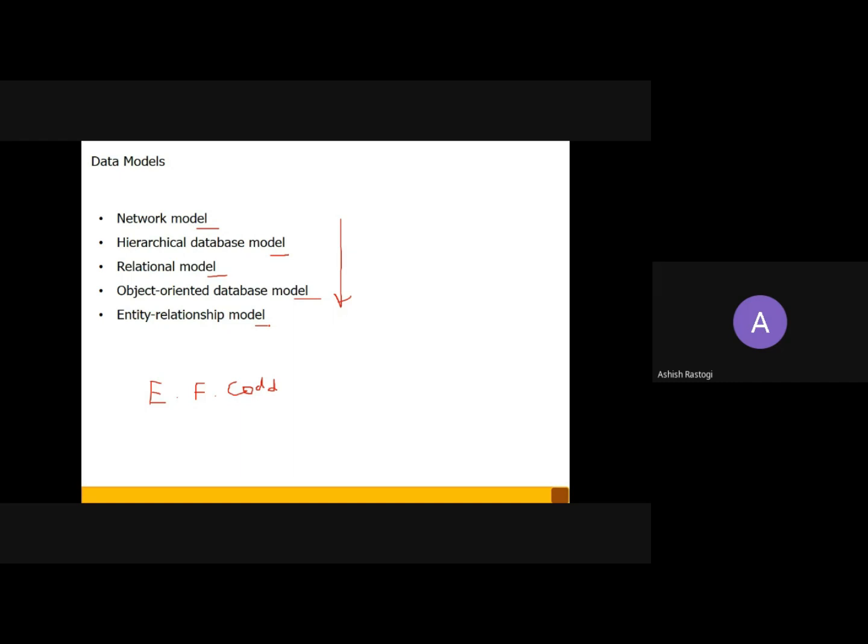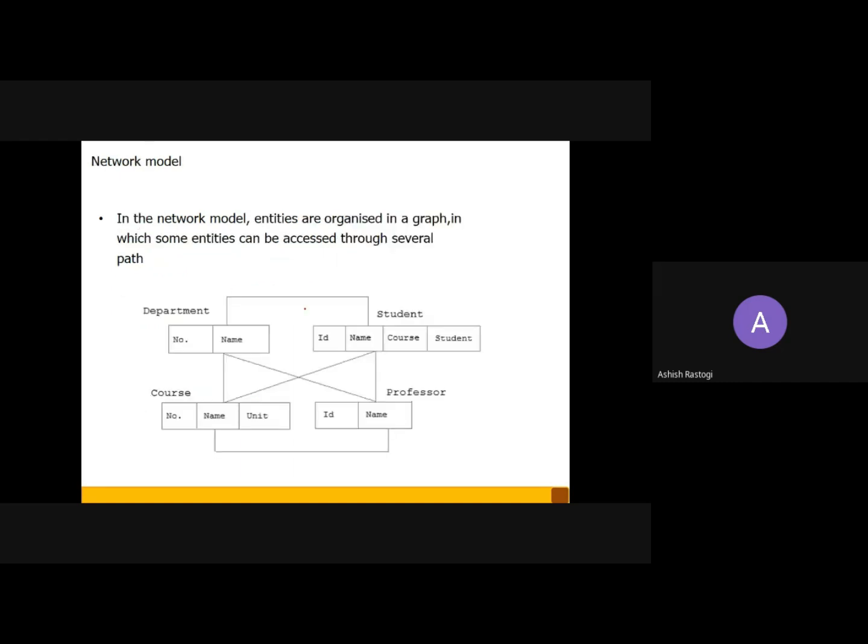Do you know what the problem in the network model was? In the network model, each entity is connected to every entity of the database, whether necessary or not. So this model failed.